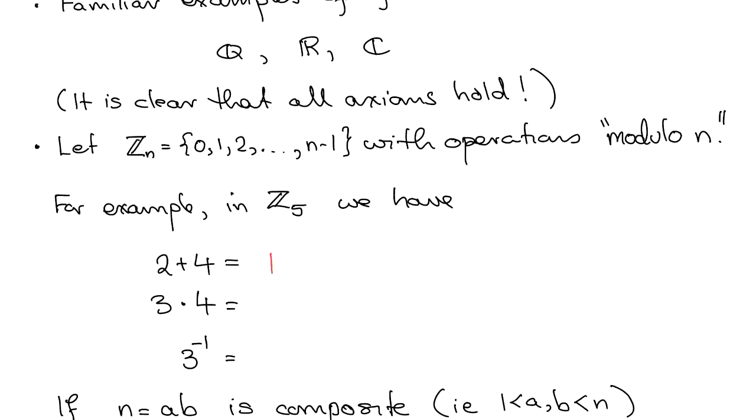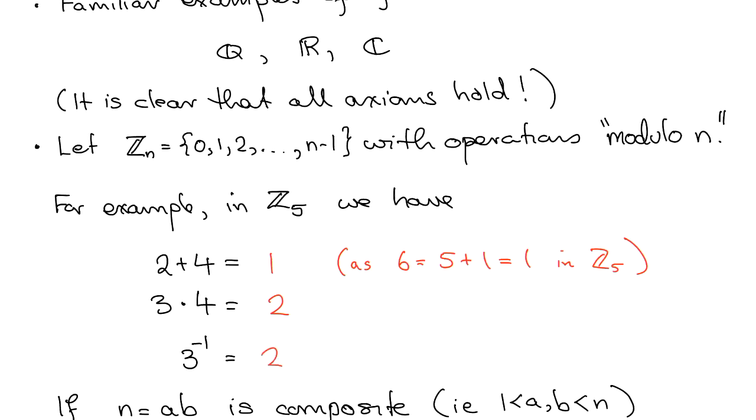Yeah, it's 1. The 5 is 0 in Z5. What's 3 times 4? 2 indeed. And what's 3 inverse? 2, good.